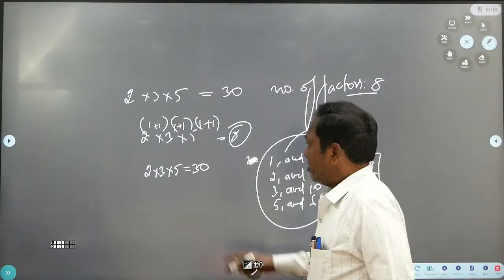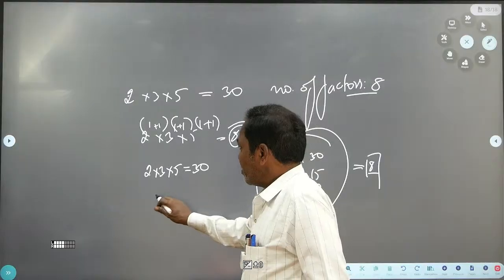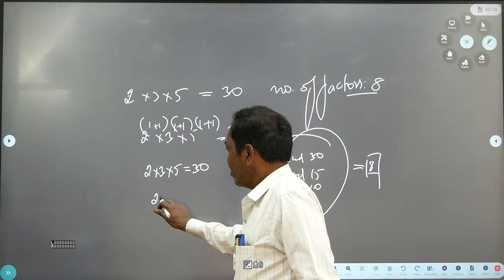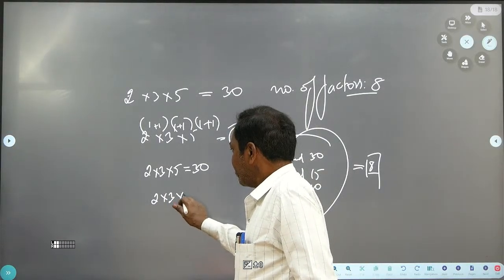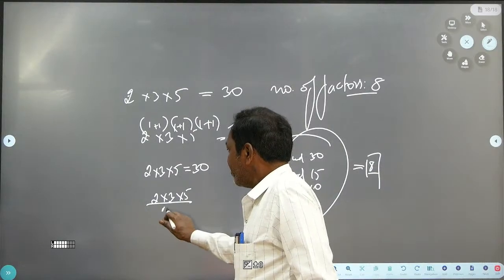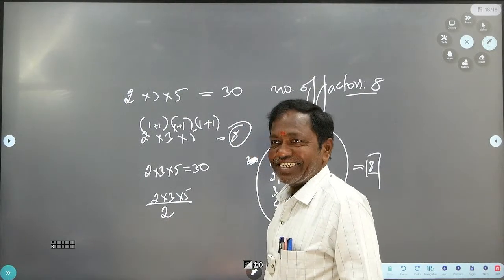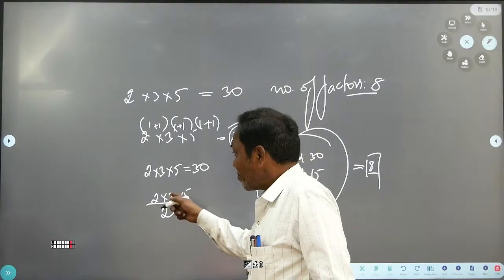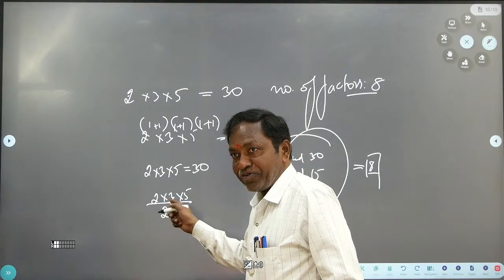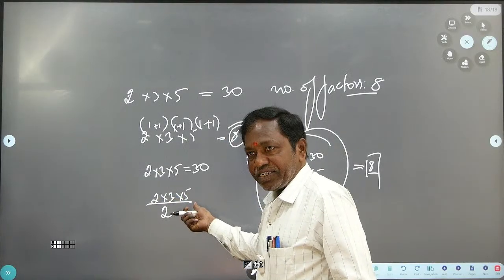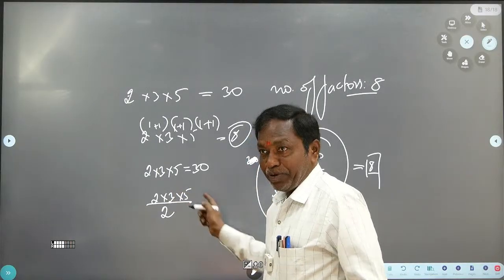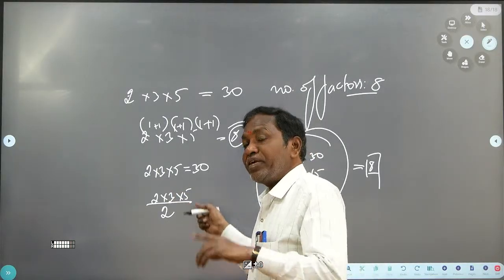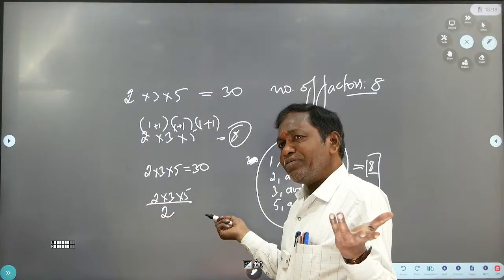Now, the product of any number like 2 into 3 into 5 is always divisible by 2, because this is a product with 2, a multiple of 2. Whatever result you get here is a multiple of 2, so it is divisible by 2.